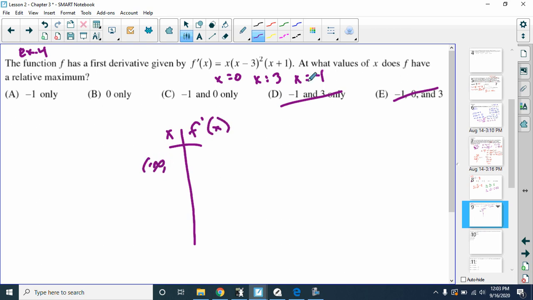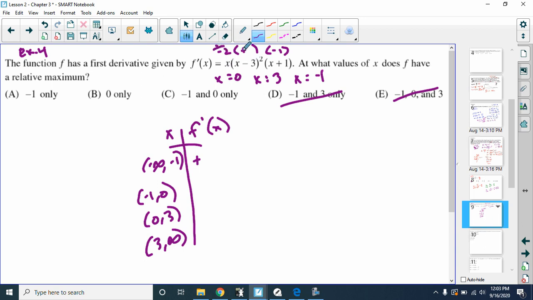So negative infinity until -1, -1 to 0, 0 to 3, 3 to infinity. If I plug in -2, that's going to give me -2 times something squared, that's positive, times -1. Negative times negative is positive times positive. If I plug in -1/2, this first part is negative.